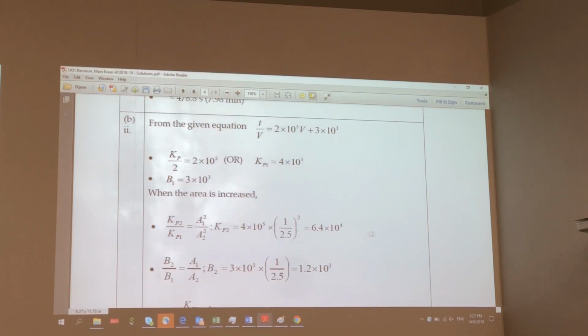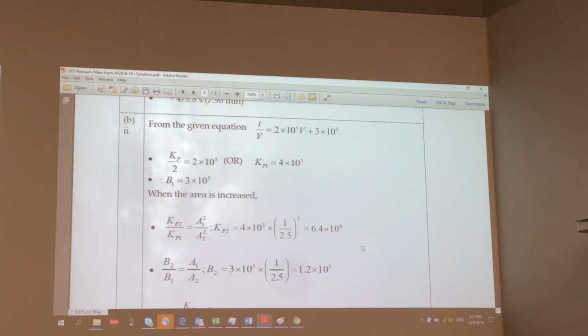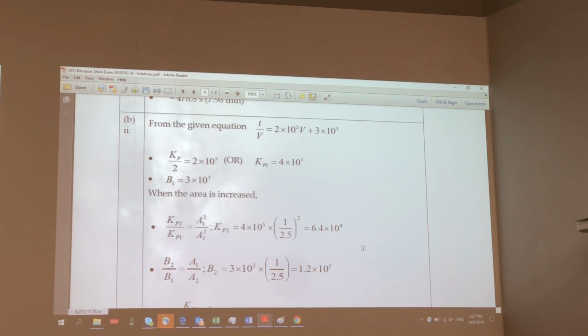Then this ratio I mentioned already during my revision. During my last revision, I already mentioned you have to know this. How to get here and how to get here. Okay? Don't write wrongly. It's a reverse. Please.